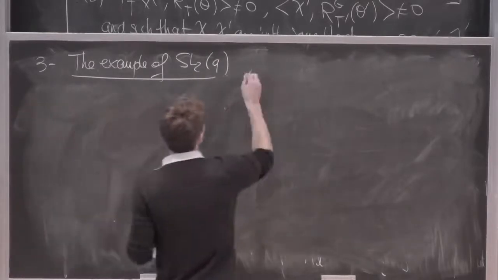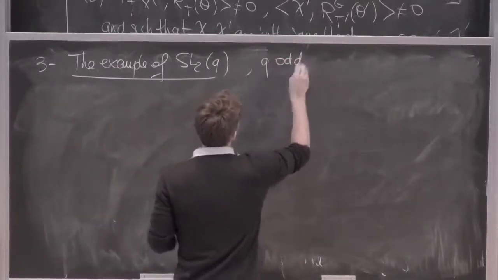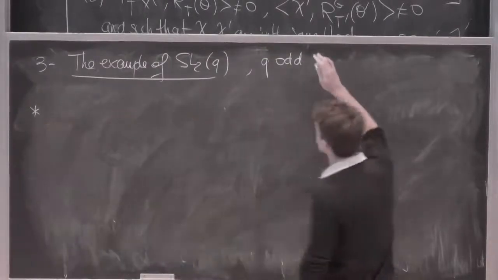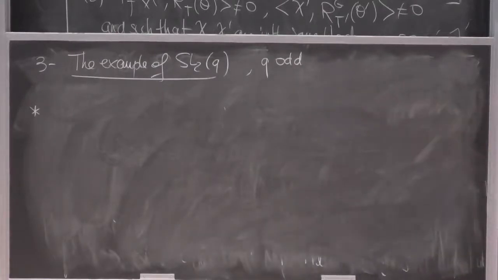So here I have to assume that Q is odd to have something generic. Otherwise the classification will depend on whether Q is odd or not. Okay, so in SL2, the first thing you want to do when you look at these Deligne-Lusztig characters is to look at all these F-stable maximal tori.